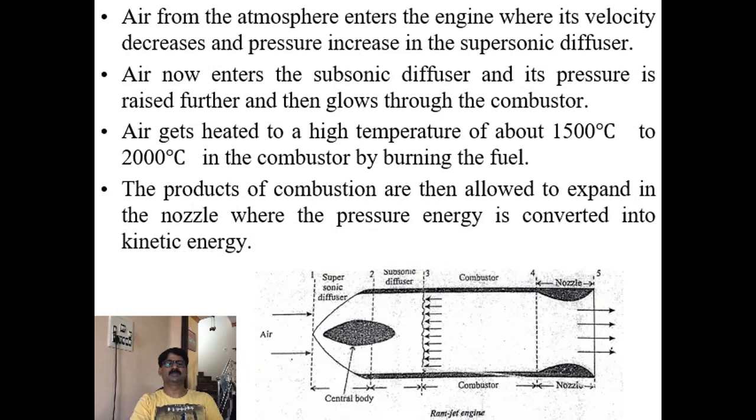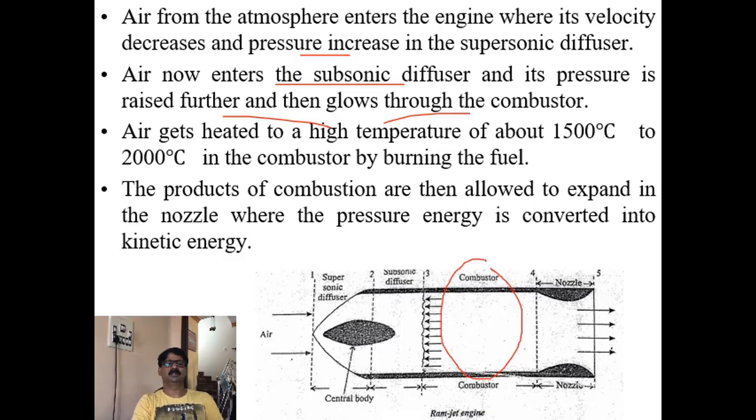Air from the atmosphere enters the engine, where its velocity decreases and pressure increases in the supersonic diffuser. Air now enters the subsonic diffuser and its pressure is raised further and then goes through the combustion chamber.